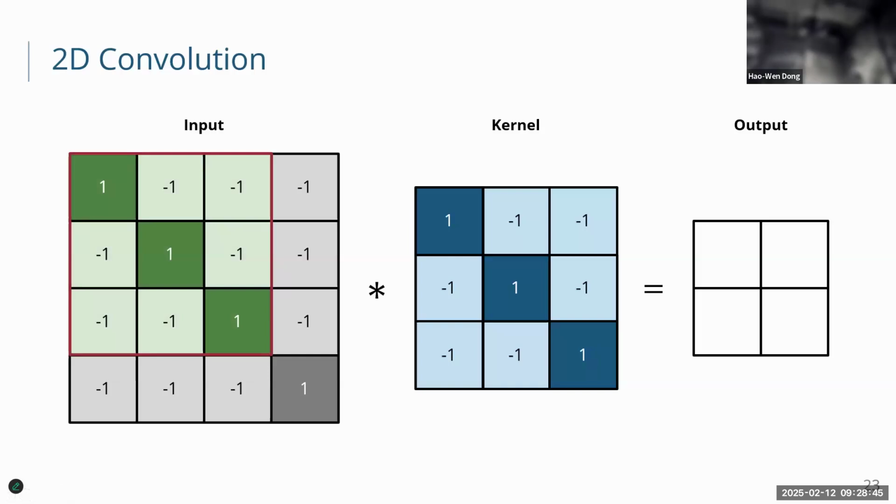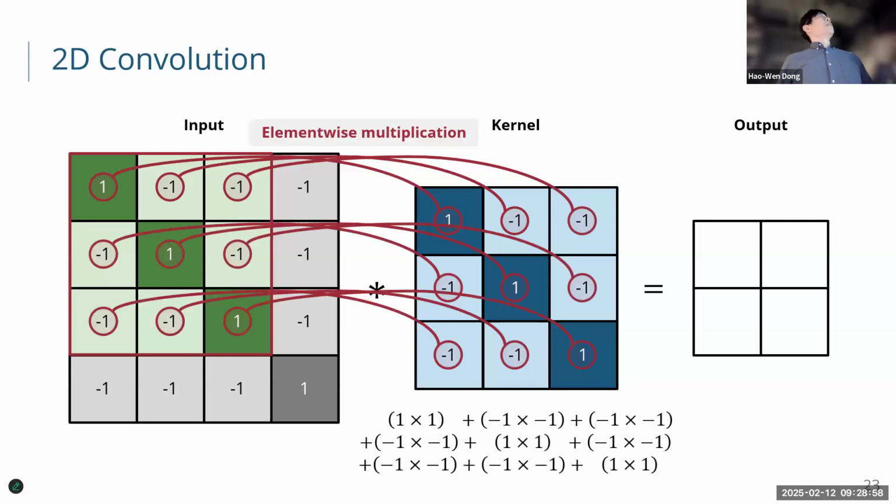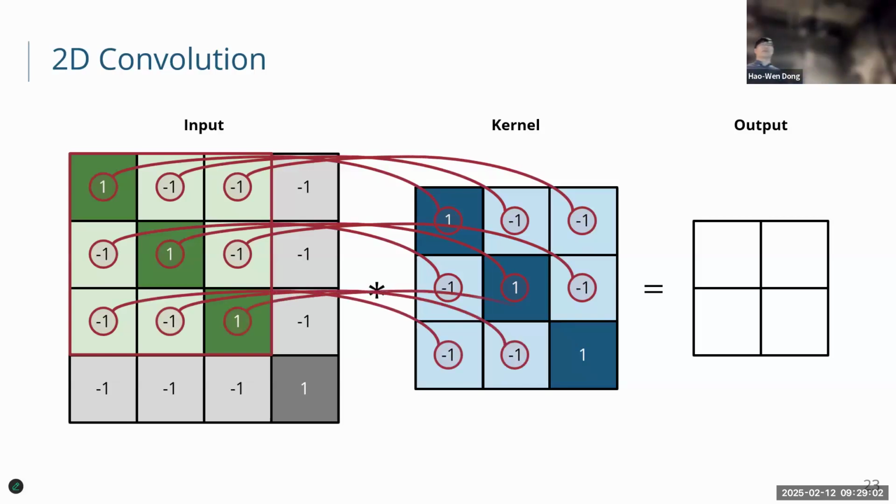You do element-by-element multiplication: 1 times 1, -1 times -1, and so on. You will realize everything is a 1, because the negative parts match the negative parts and the positive parts match the positive parts.